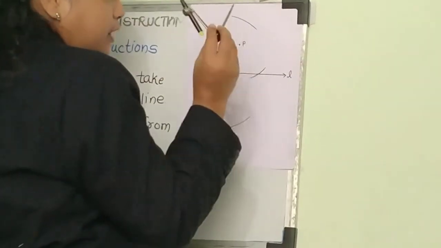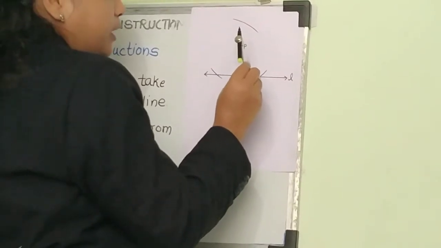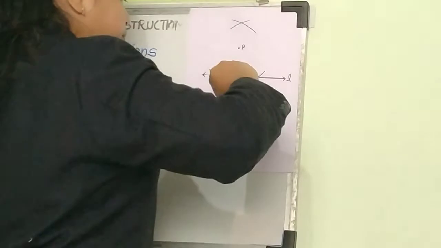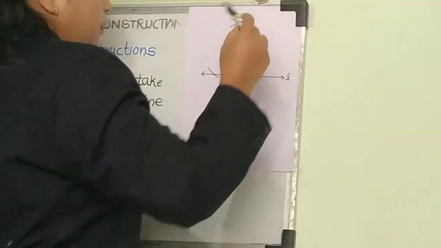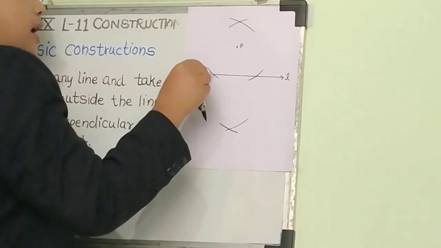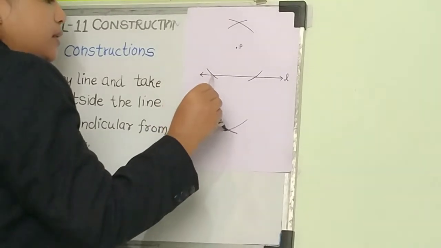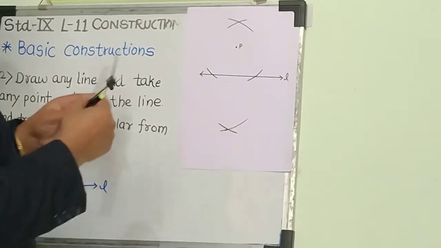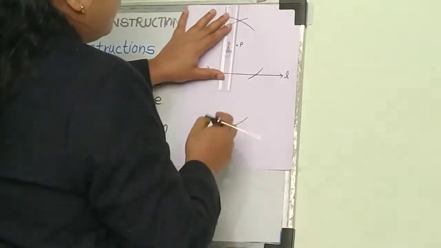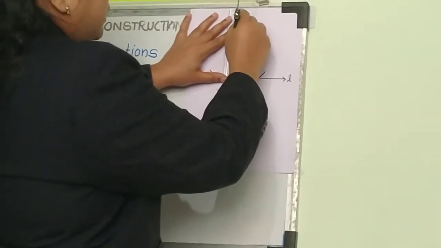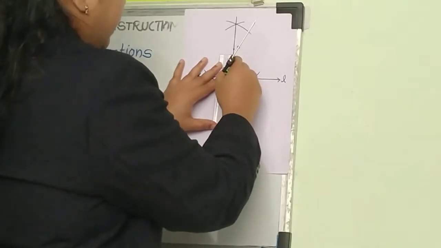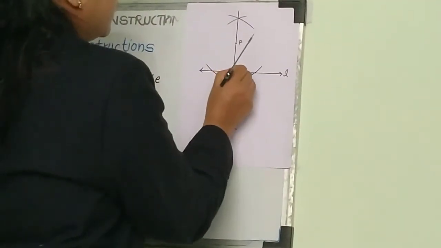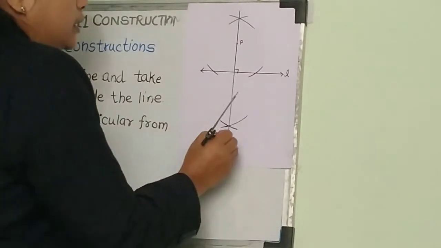With the same distance from this point also we draw the intersecting arc to the first given arc, and finally we draw the line which passes through the point P and is perpendicular to the given line.